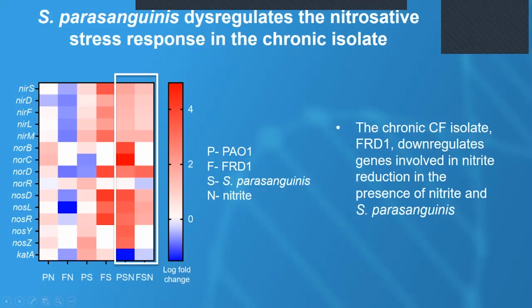And so most of the genes were turned on in the PA1 background, but Furta1 was unable to highly induce the expression of these genes when it was grown with parasanguinus and nitrite, which suggests that parasanguinus might dysregulate the ability of a chronic CF isolate to properly respond to reactive nitrogenous stress.